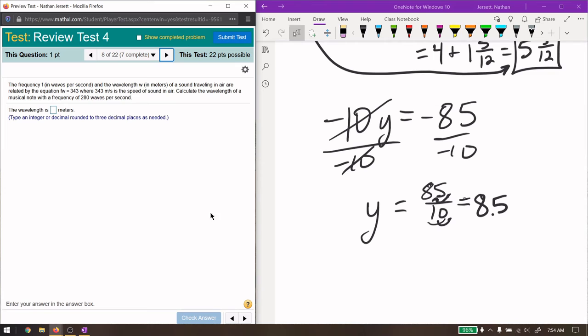The frequency, f, in waves per second, and the wavelength, w, in meters, of a sound traveling in air are related by the equation frequency times wavelength equals 343, where 343 meters per second is the speed of sound in air.